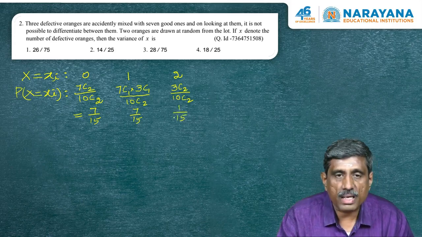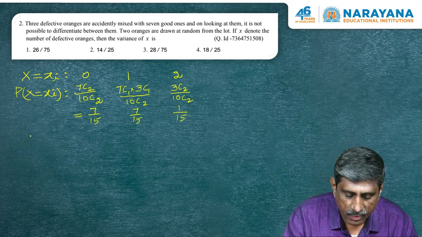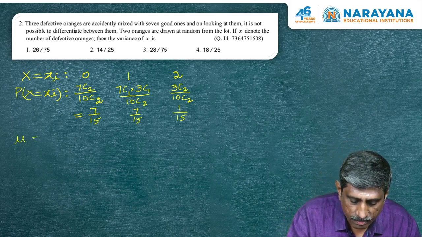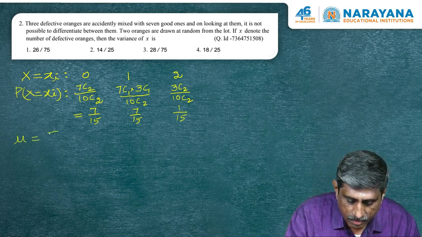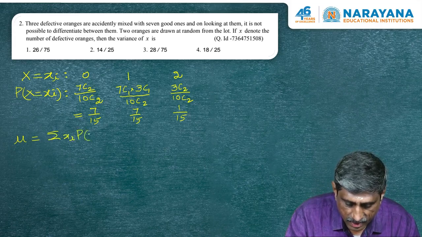For this, we are asked to find the variance. First, we have to find out the mean. The mean mu is equal to sigma xi into p of x is equal to xi.